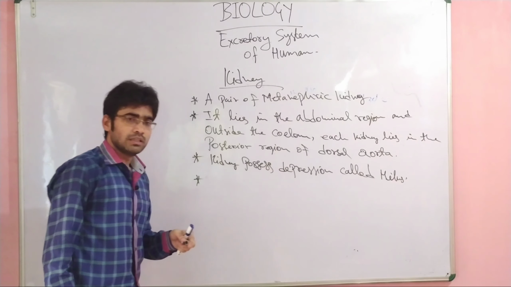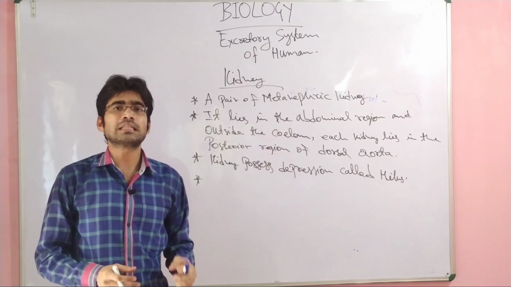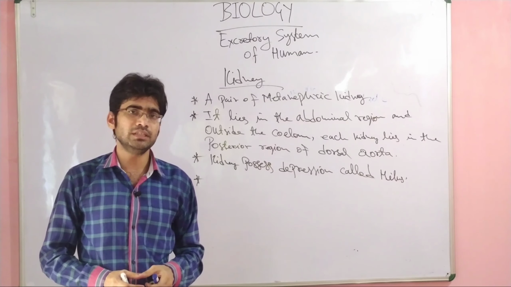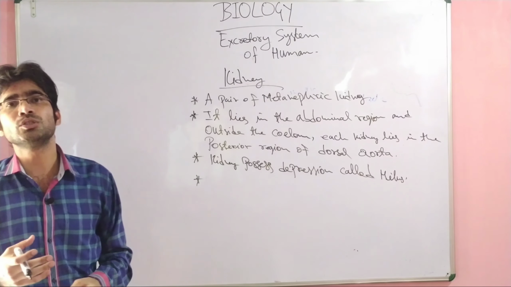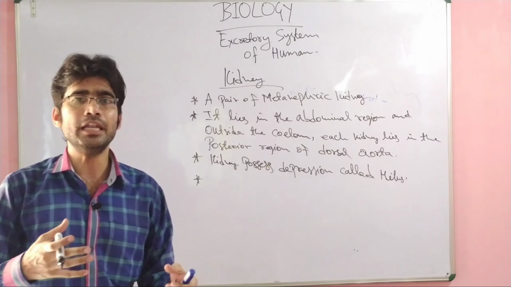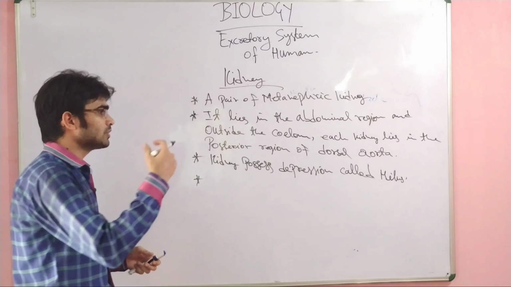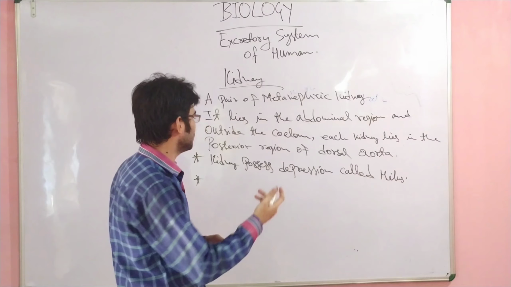In human, the right kidney is slightly lower than the left kidney. Why? Because it has to accommodate the large liver. But in the case of a rabbit, it is just the opposite.